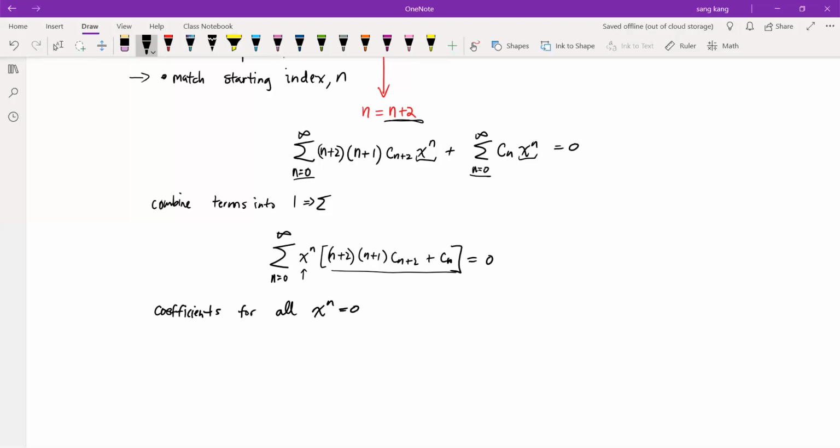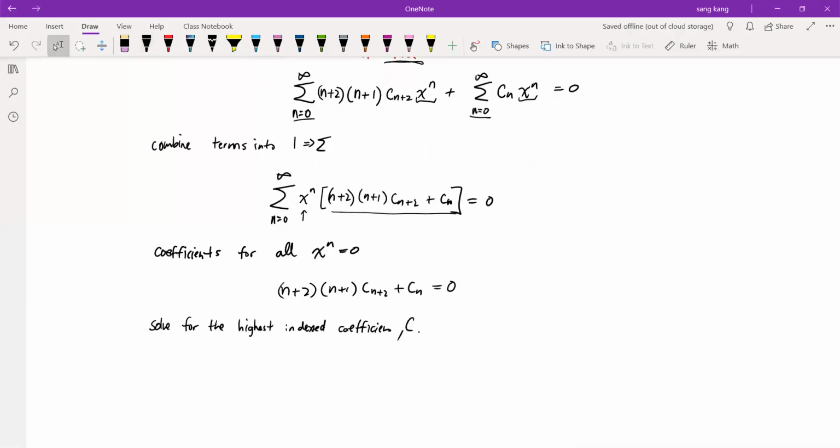So now I'm just going to extract the coefficients. C n plus 2 plus C n, and this will equal 0. And I want to solve for the highest indexed coefficient C, okay?